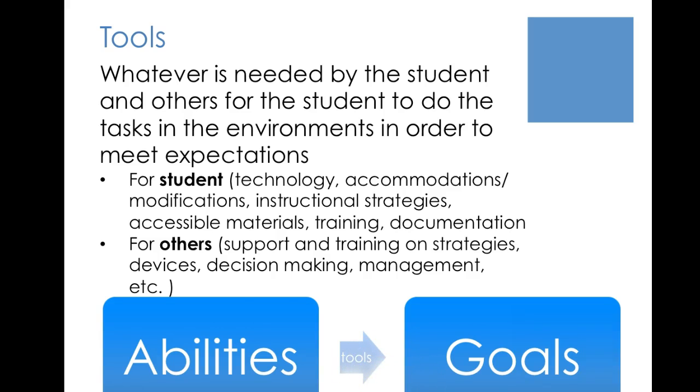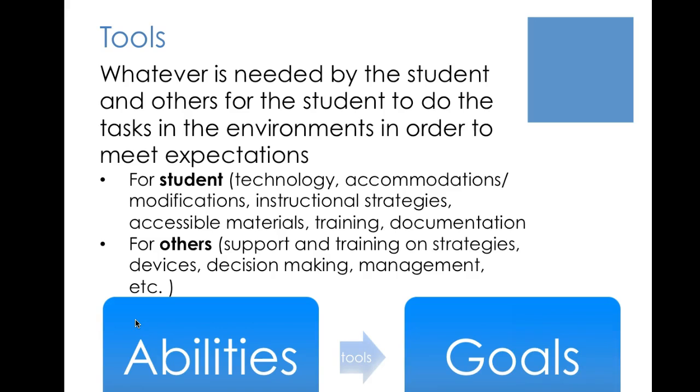So the big thing here is that whatever is needed for a student to do a task in an environment or to meet expectations. The two parts here are that you have the student who needs the assistive technology as support. Then you have the others who need training and support on using these devices, or deciding which device to use, or managing the use of these devices.